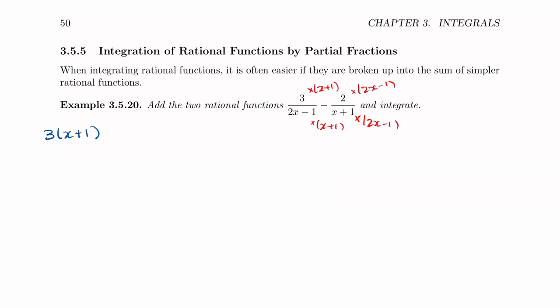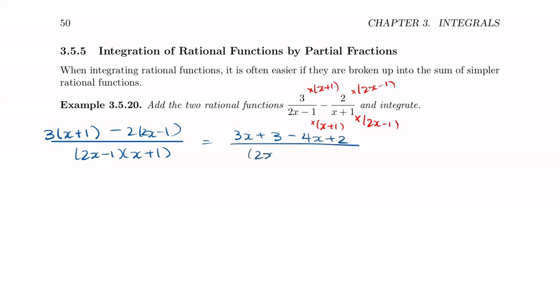So that means 3 times x plus 1 minus 2 times 2x minus 1, all this divided by 2x minus 1, x plus 1. So that means we would just get, well, 3x plus 3 minus 4x plus 2, all this divided by 2x minus 1, x plus 1.